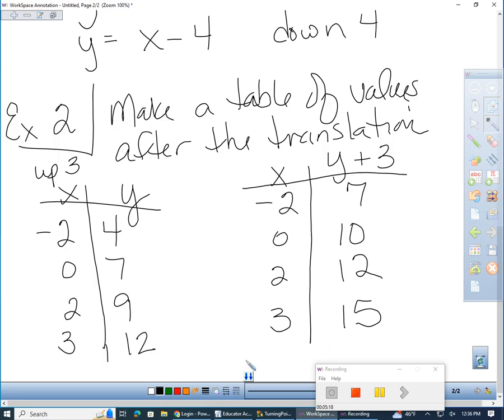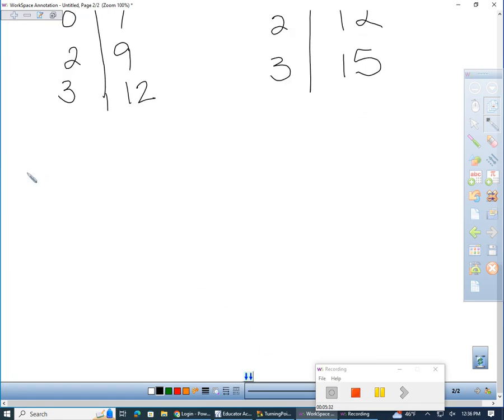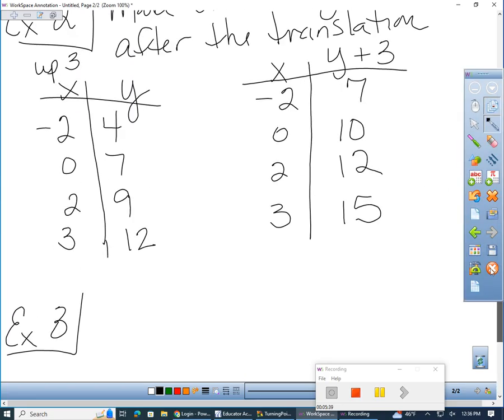All right, let's also try this the other direction. Here's example number 3.